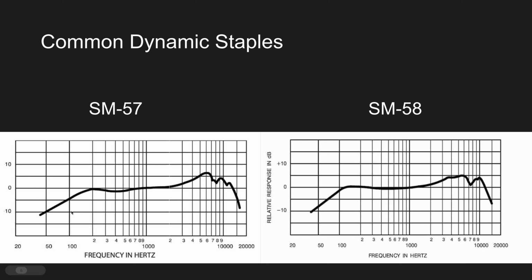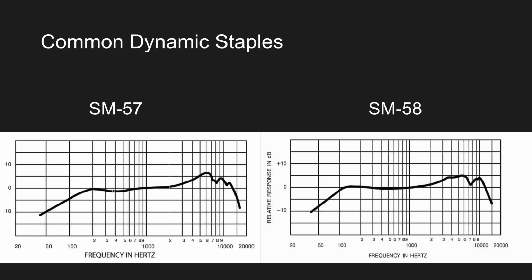So the SM57, you'll see, has a natural bass roll-off, high-pass filter type thing right here. And then it has a small dip around 300 to 400 to 500 hertz. That's your low mids.